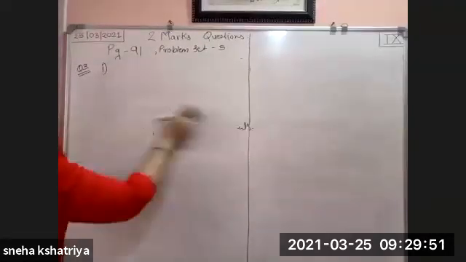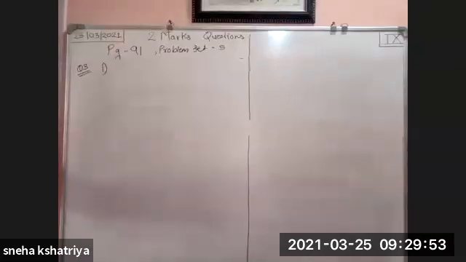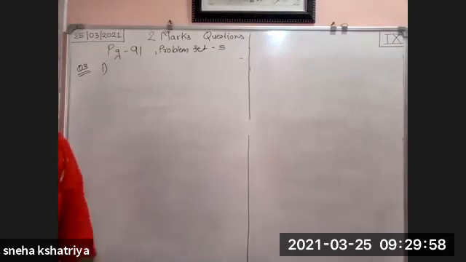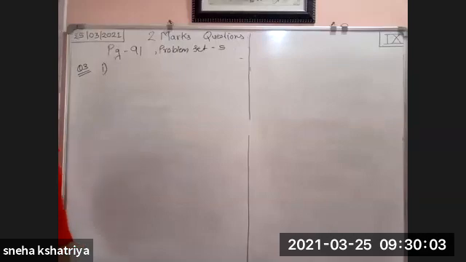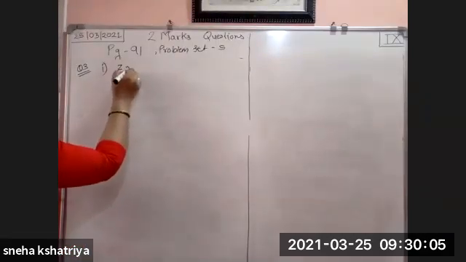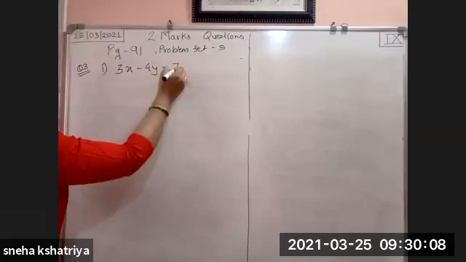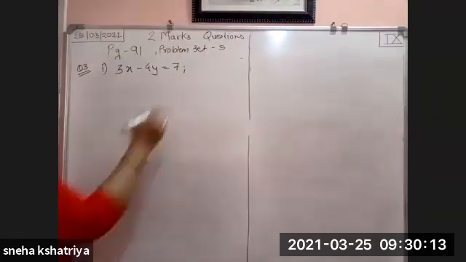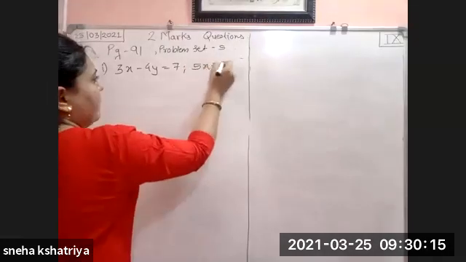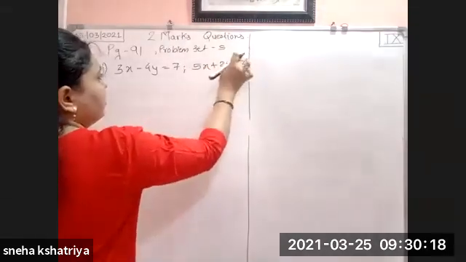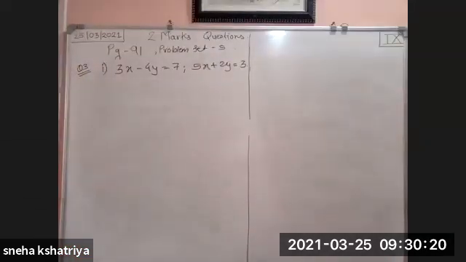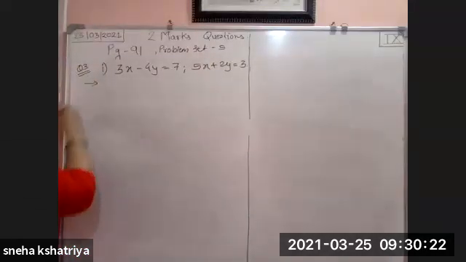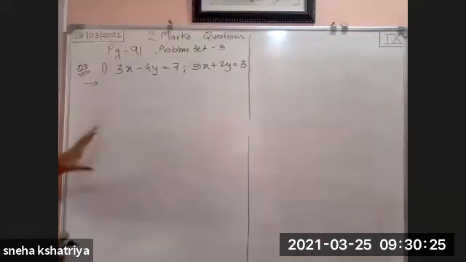They have specifically told us that whatever the examples are, we have to solve them using equating coefficients. So the first example we will see: 3x minus 4y is equal to 7 and 5x plus 2y is equal to 3. We don't have to write this method or that method.